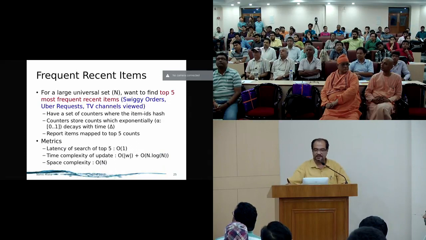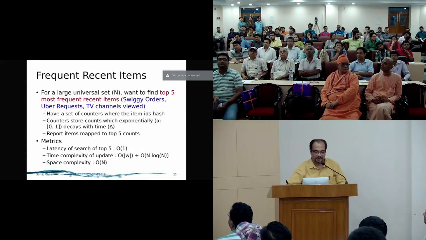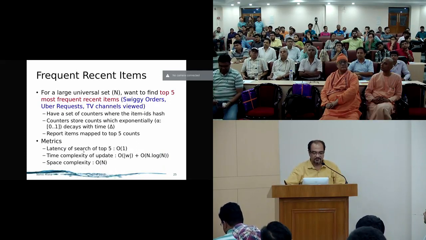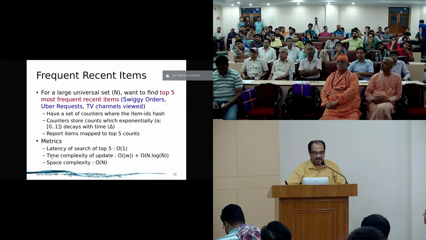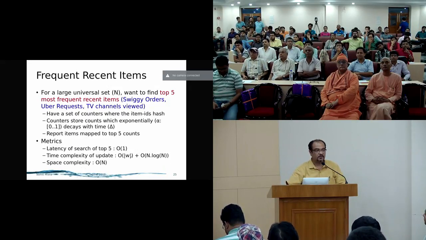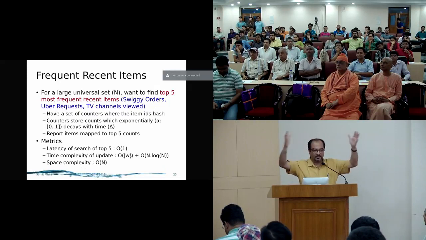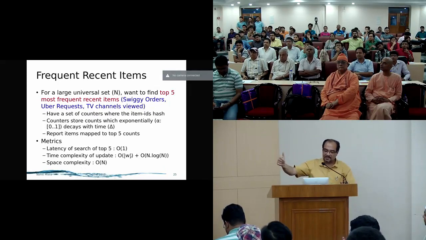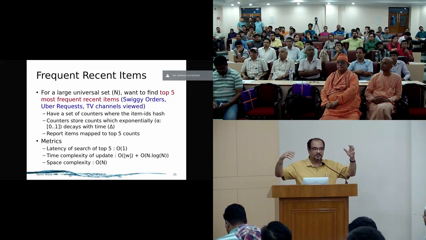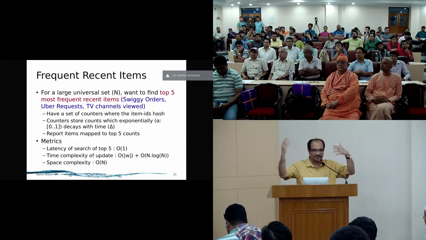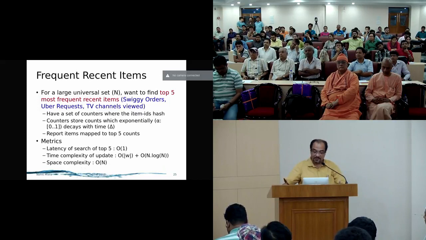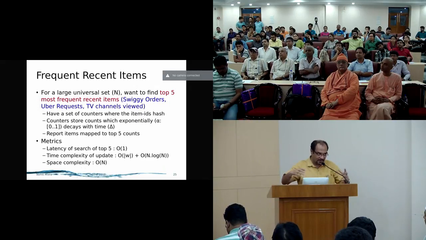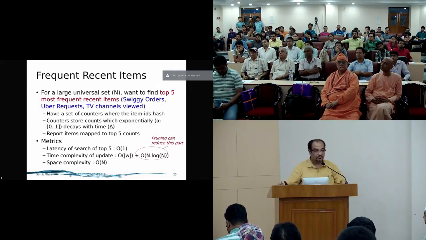If you take this and see just the lower part, which is the matrix, here the latency of search will be in the order of 1. The time complexity of update will be the order of window size, that means how many things come, plus n log n, because you will be doing a binary search or something. But you can reduce that n of n log n by using something called pruning.